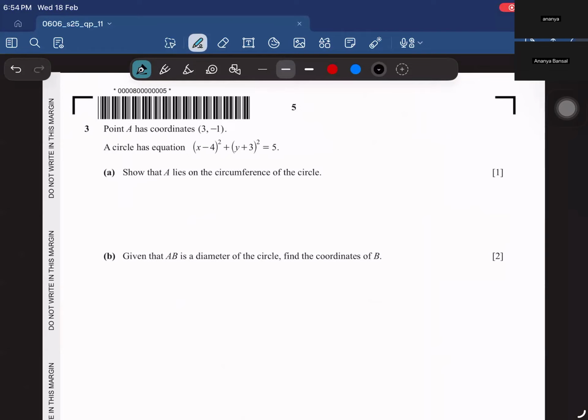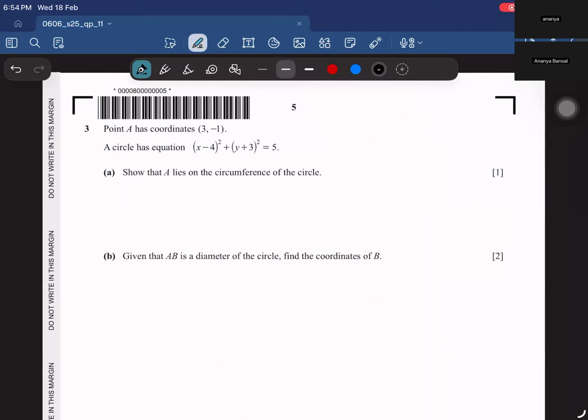I'm going to call the center of the circle C, which has the points C1 and C2. To find these coordinates, since we have the equation of the circle, which is (x minus 4) squared plus (y plus 3) squared equals, and to write this in the original form of the equation of the circle, I'm going to write (√5) squared.